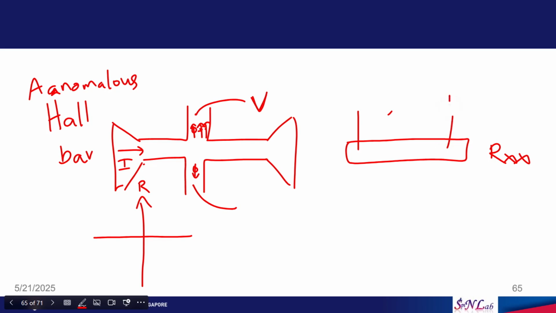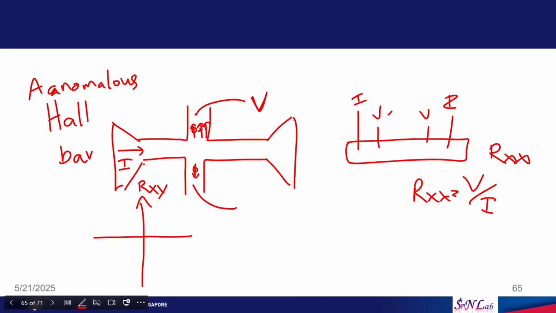So, we have two current leads, then two voltage leads, then you divide this voltage by current to get RXX, right. But in this case we are measuring RXY. That means current is flowing in the x direction, you are measuring the voltage in the y direction.